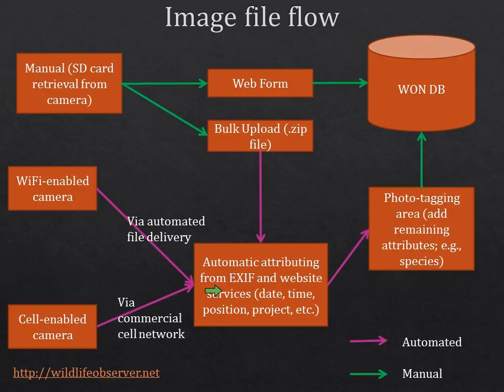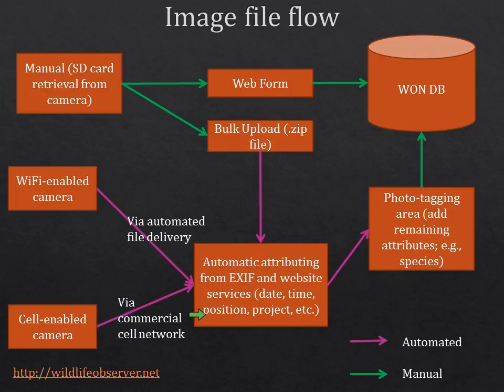This information is extracted from the EXIF data from the image. Every image has what's called EXIF data associated with it. This is extracted, and a record is generated from that. Also, the camera exists in a certain position, and when you upload the data, you're uploading it associated with that position.